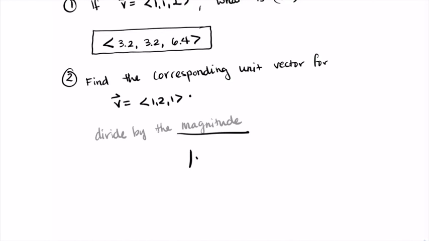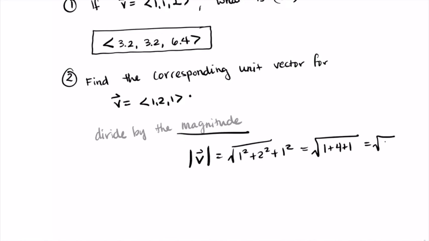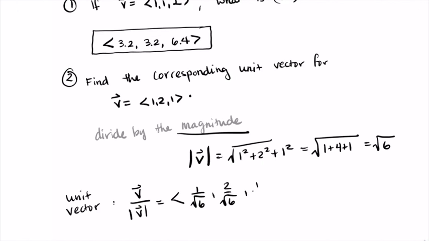So the magnitude of v is going to be the square root of 1 squared plus 2 squared plus 1 squared, which is the square root of 1 plus 4 plus 1, square root of 6. So the unit vector is going to be the vector v divided by the magnitude of the vector, which again is a scalar, so we're okay doing that. We're not dividing two vectors, which would be bad. And that's going to give us 1 over the square root of 6, 2 over the square root of 6, and 1 over the square root of 6.